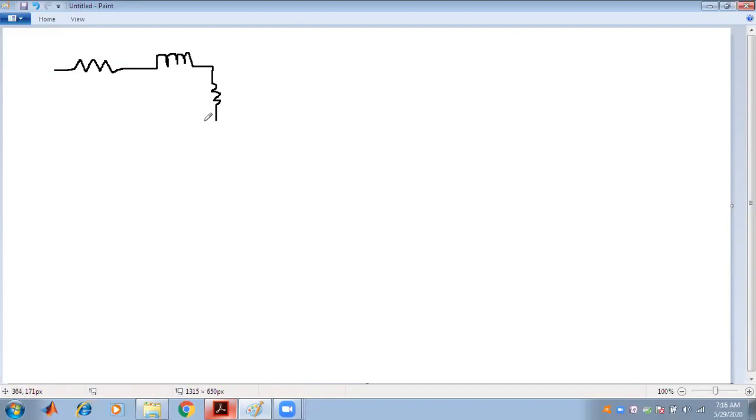We have to go through the SFG approach in order to find the transfer function of that particular circuit.